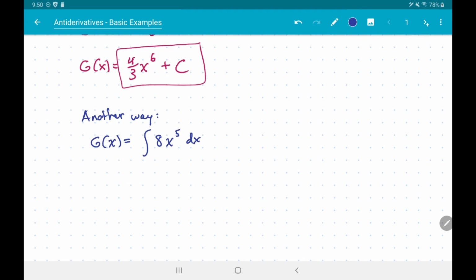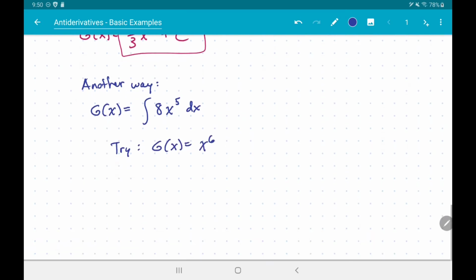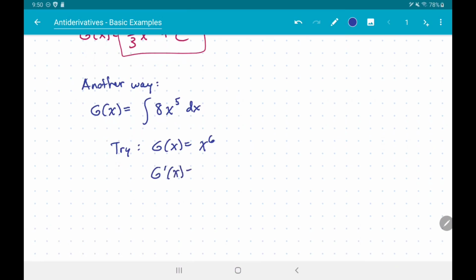Well, in order to get an x to the fifth out of the derivative of something, I need to have an x to the sixth. So what I can do is try, what if I tried g of x equals x to the sixth? Then g prime of x would be 6x to the fifth. Well, that's kind of getting there. I mean, the x to the fifths match up. But to get the 8, something's wrong here. So I need to correct.